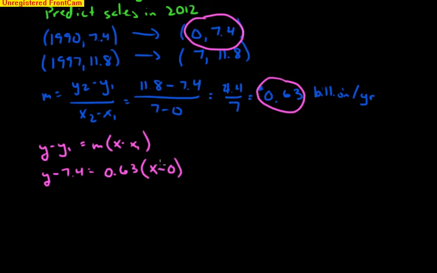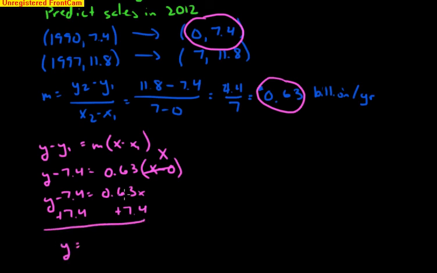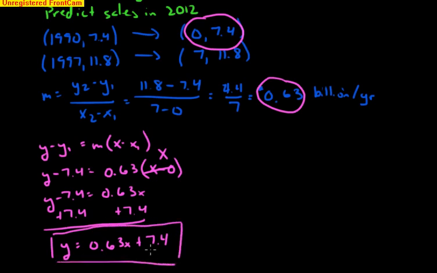And how nice is this? What is x minus 0? X minus 0 is just x. So there is no distribution to do. It's just y minus 7.4 equals 0.63x. And we add 7.4 to both sides. Y equals, these do not combine because the 7.4 has no x. 0.63x plus 7.4. And there's our linear equation.